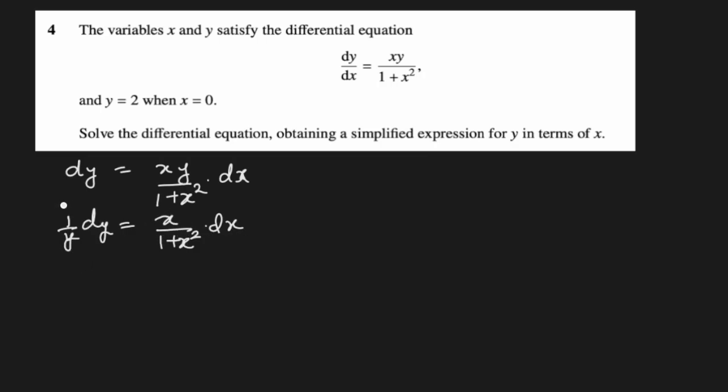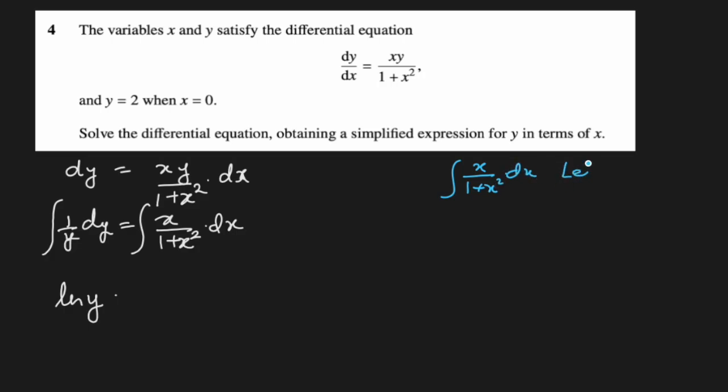And to solve, the next step should be to integrate both sides. Integration of 1 over y is simple, ln y. Okay, this one will need some legwork. Let's do that. We want to integrate x over 1 plus x squared dx, correct?